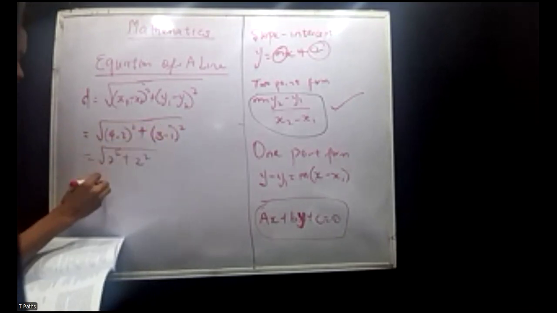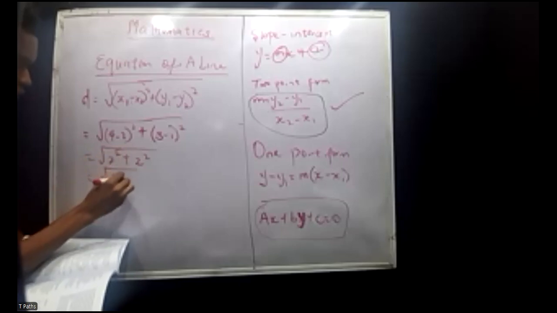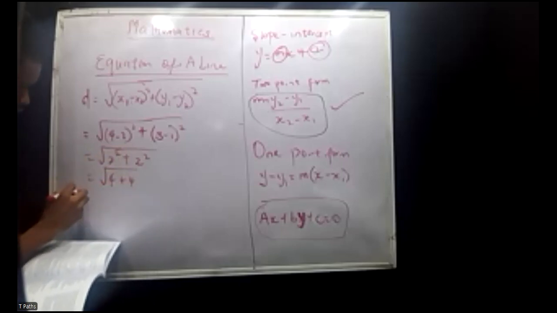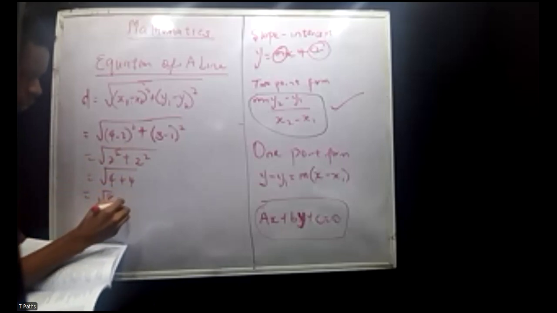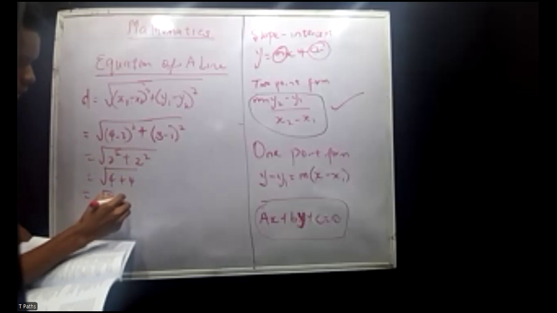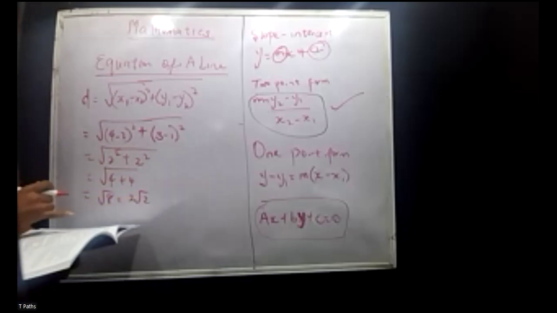So here I have the square root of 4 plus 4, which is 8, so the square root of 8, which is 2 root 2. All right, so the distance between these 2 points is 2 root 2.